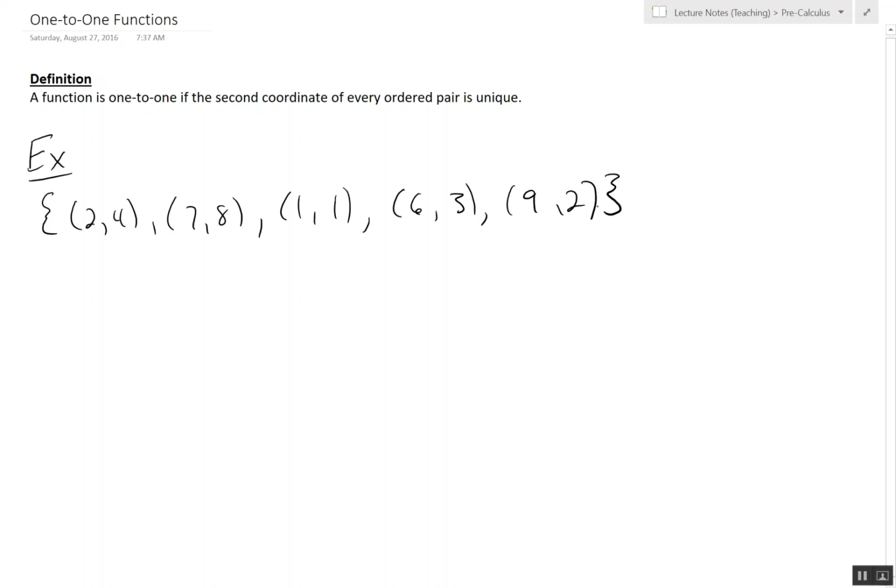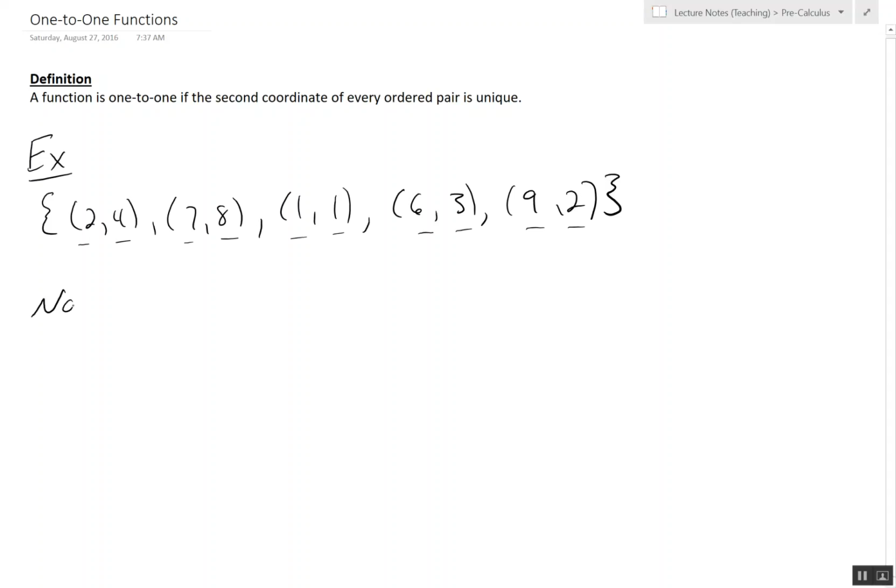There's an example. Because it is a function, because every first coordinate is unique, and it's also one-to-one because every second coordinate is unique. And that's the idea of one-to-one, is that each element in the domain corresponds to a unique element in the range.